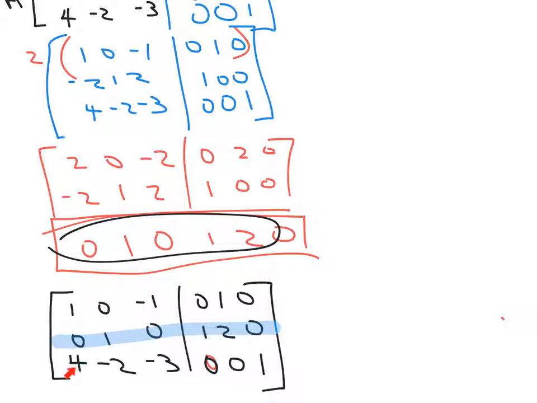But let's look at this. Let's work on this row here. If we multiply this whole top row by negative 4, when I add it to the second row, this will turn into a 0.